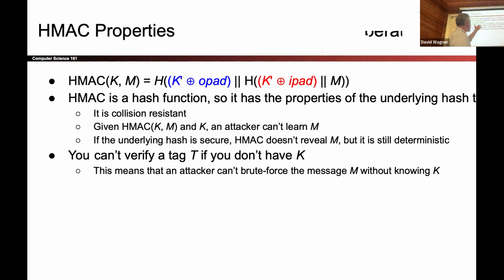You can also notice that because the hash function is deterministic, this is deterministic. That's good. That's what we wanted. Intuitively, hash functions produce unpredictable, random-looking output. And so the output of this thing will be unpredictable and random-looking. That's good. We want tags to be unpredictable. An attacker can't just guess what the correct tag might be. So it seems plausible that this would be a reasonable scheme to use.